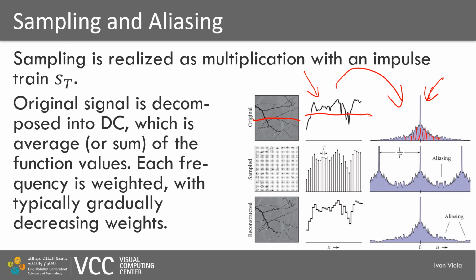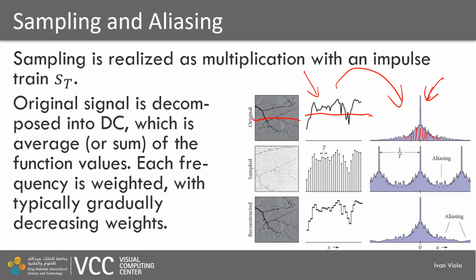And we can sample this reality. The sampling essentially corresponds to an identity operation at certain particular locations. The sampling is realized with this Dirac impulse train, which we have been talking about.